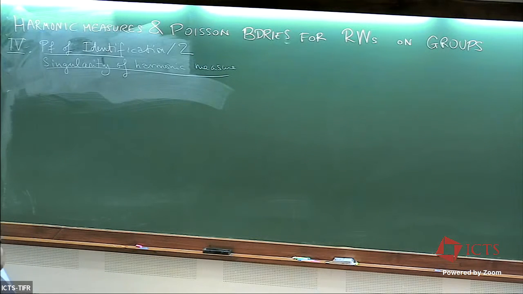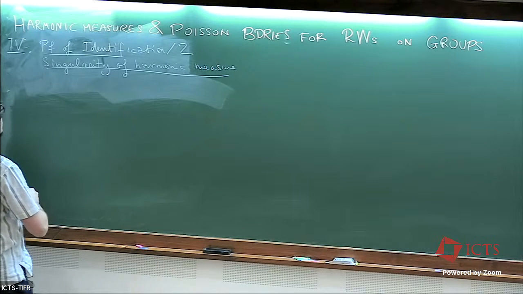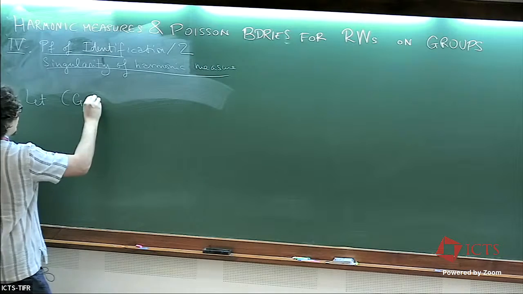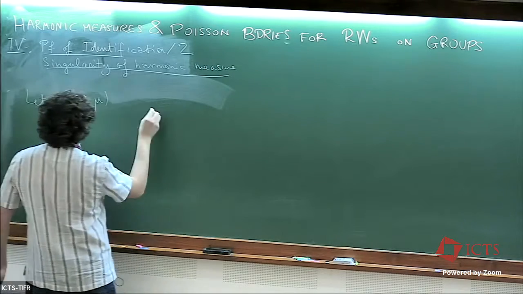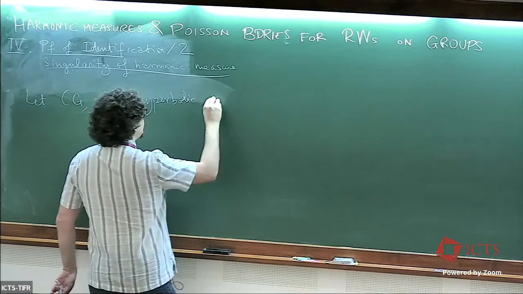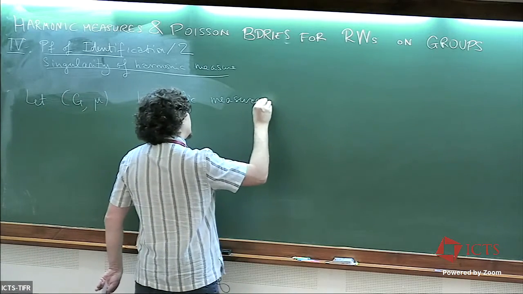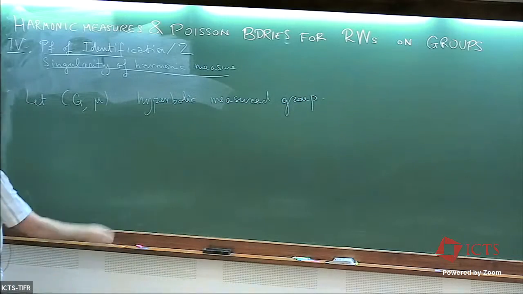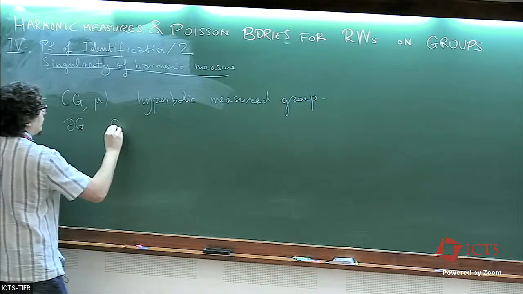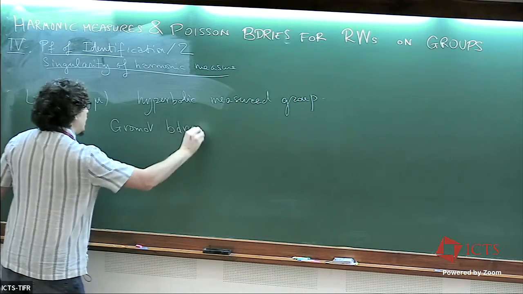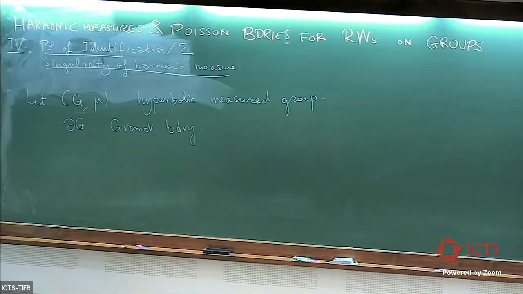So first, let's see this discussion about the identification of the Poisson boundary. Recall that we start with G a hyperbolic group, mu is a measure. And of course, we have the boundary of G, the Gromov boundary. So what do we want to prove?